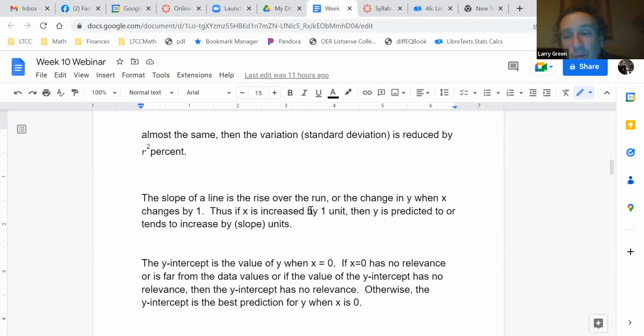It's going to be a decimal when you use a computer. And if the decimal is like 0.42, then you can write that as 0.42 over 1 and say that if X is increased by 1, then Y is predicted to increase by 0.42, by whatever that slope is. That's the idea of the slope.